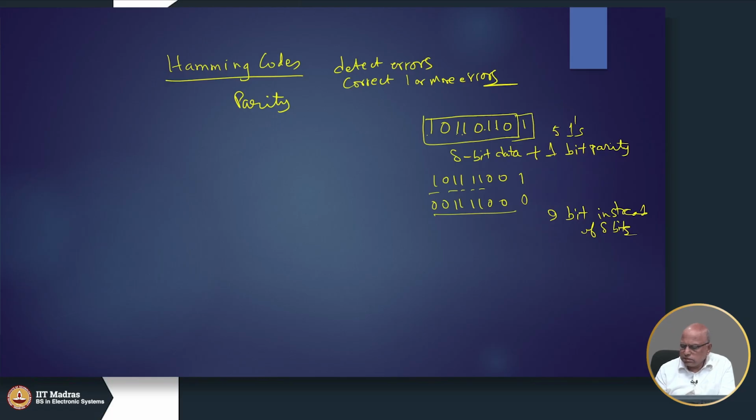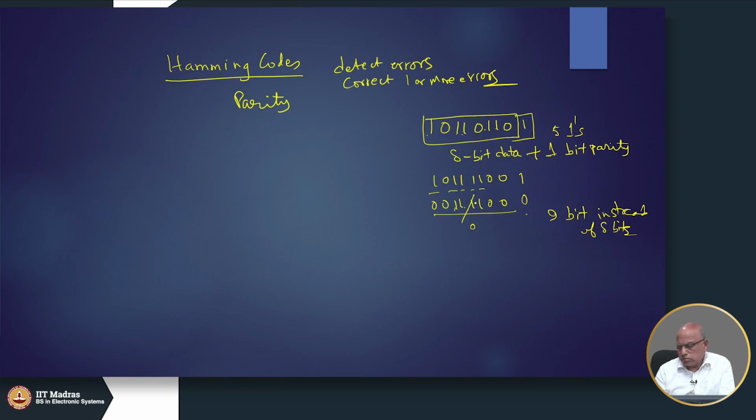So, what is the advantage? You can detect possibly some errors. Okay. If only one of the bits changes value, for example, let us say this one has for some reason become 0, then we know what the parity bit is. We were expecting even parity, but we are seeing 1, 2, 3.